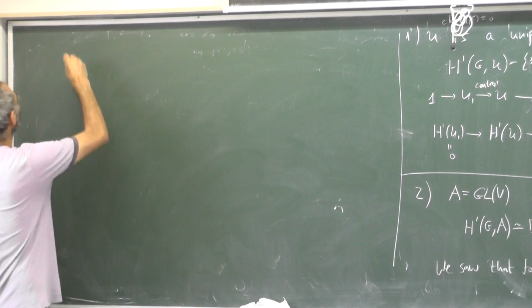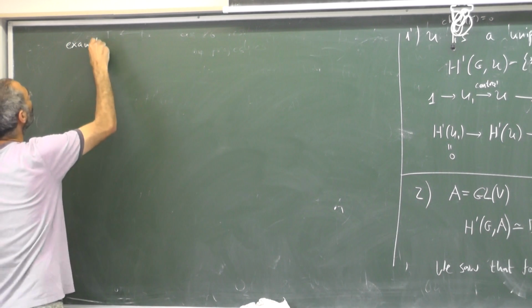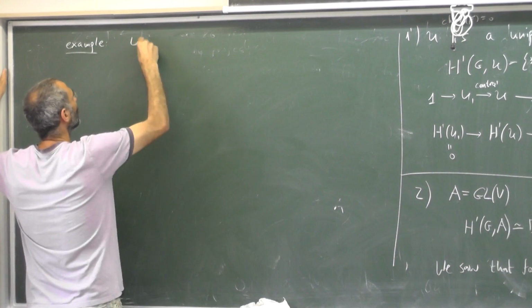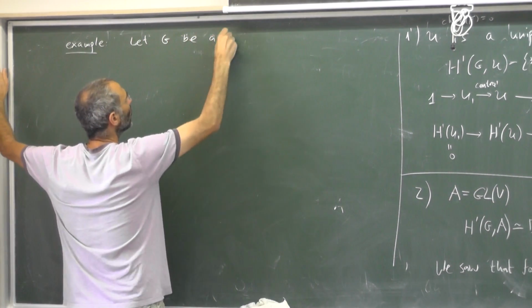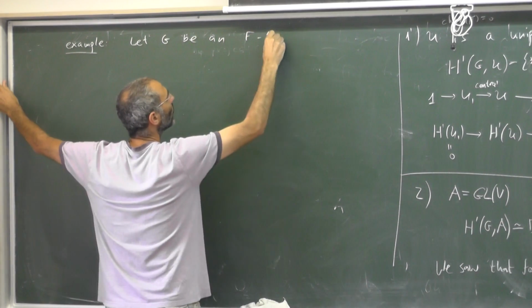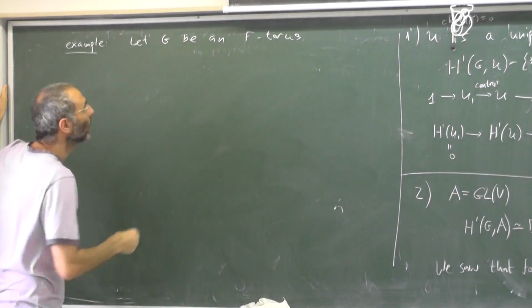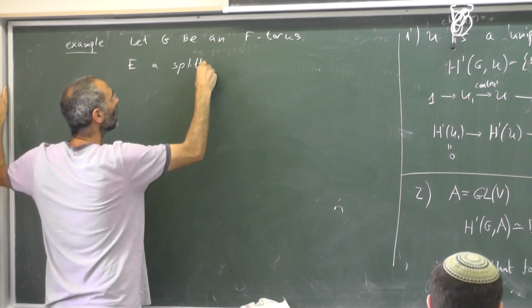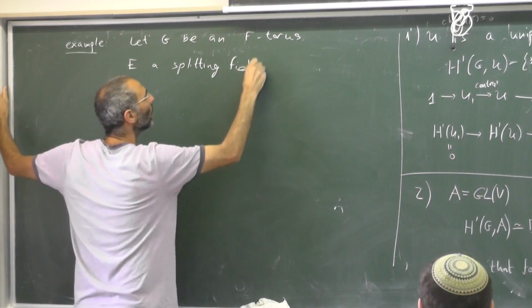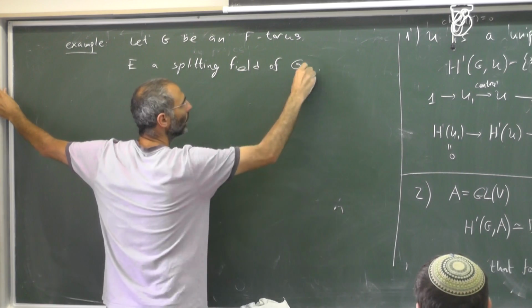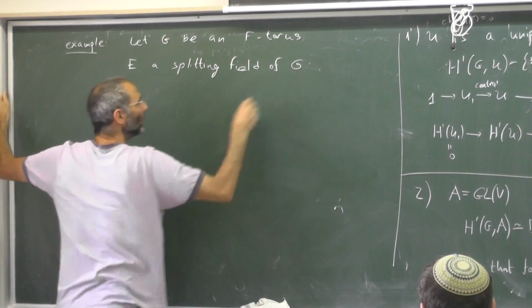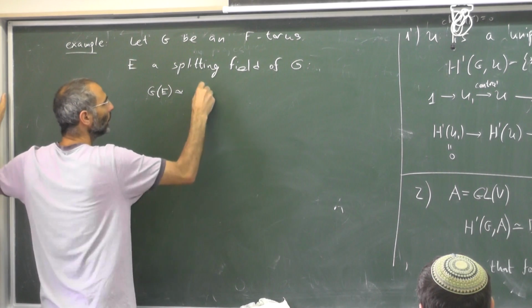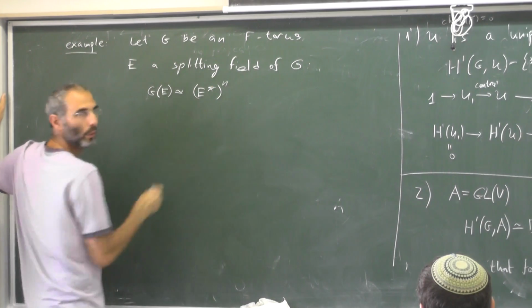Let G be a torus over F, and E the splitting field of G. So this means G extended to E is isomorphic to E star to some power.